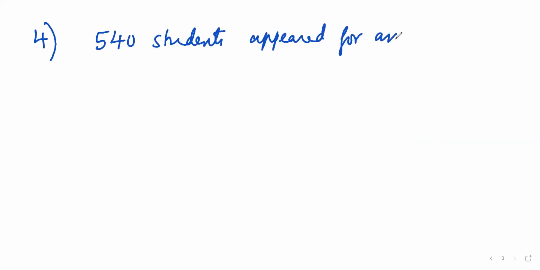So let's say 540 students appeared for an exam. So many students appeared for some exam. 95% of them passed. Okay. So 95% of them passed. And the number of students who failed is, failures.